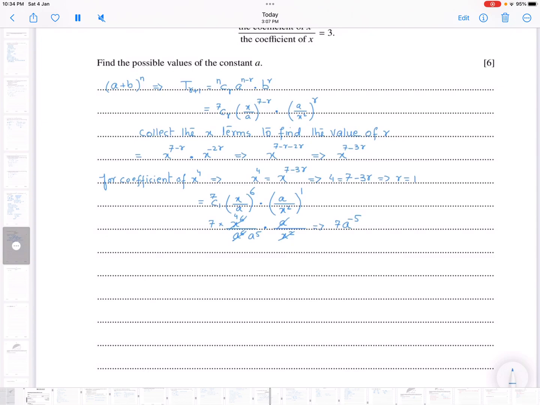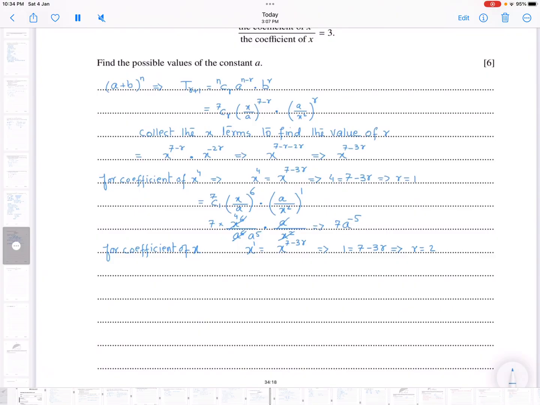Now let us find the coefficient of x. To find it, we go through the same method we used to find the value of r, but here the value of r would be different. So x power 1 equals x power 7 minus 3r, so 1 equals 7 minus 3r. Our r is 2.